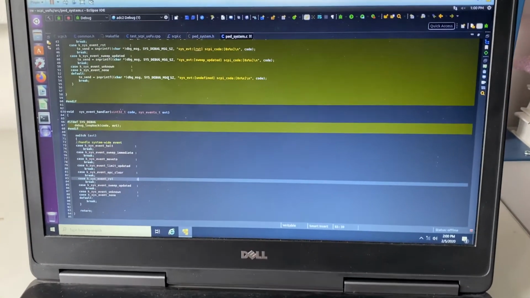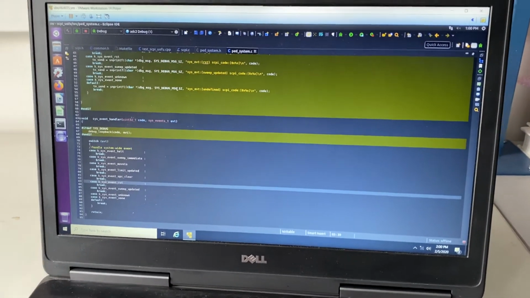For instance, if it's in the middle of a sweep and you set a Skippy parameter that changes sweep parameters, then it needs to let the controller know to halt the motors or reset the sweep and so forth. So there's a few basic system events that handle that sort of thing, like the sweep parameters have been updated, limits have been updated, as well as halt the system. So there's a command that would halt the system.